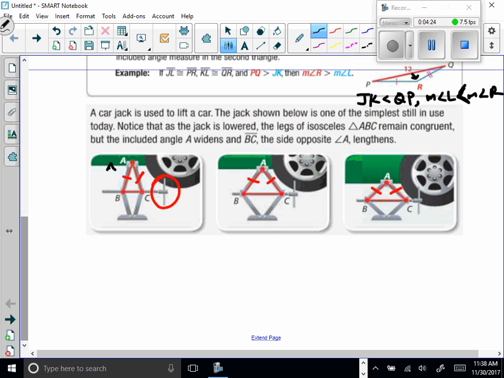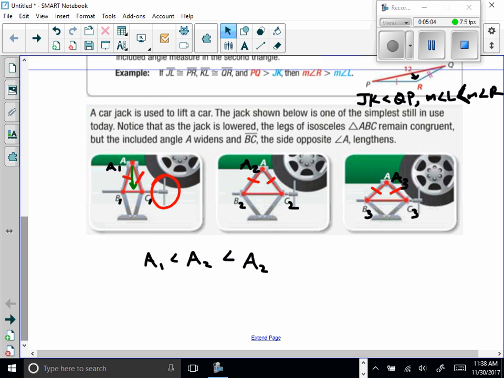So I'm going to call this A1, B1, and C1, and A2, B2, and C2, and this will be A3, and we have B3 and C3. If I'm comparing all the angles, I see that they progressively get larger as I go from left to right, so that A1 is less than A2, and A2 is less than A3. The side opposite angle A, in any of the pictures, is BC.